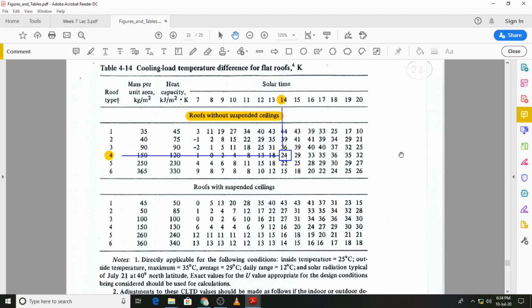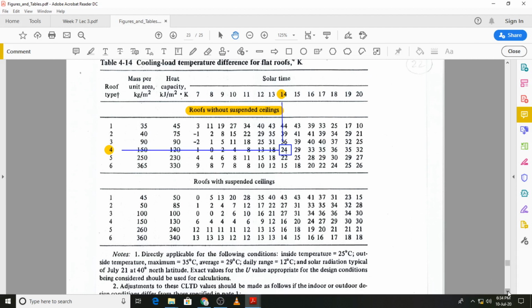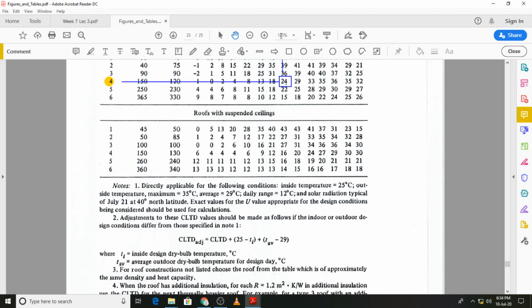The next thing is to modify this value, that is, we need to find out CLTD adjusted, and the formula for CLTD adjusted is given at the bottom of the table. You can see this formula over here, in which you use the value that we have just obtained, that is CLTD is 24, then 25 minus TI.